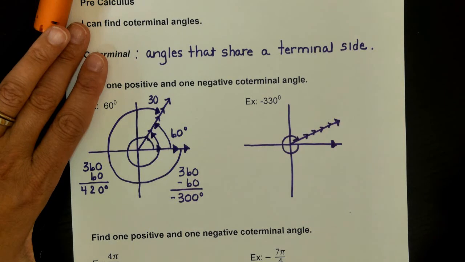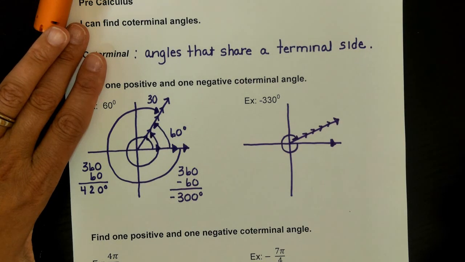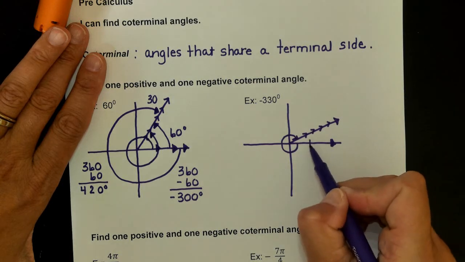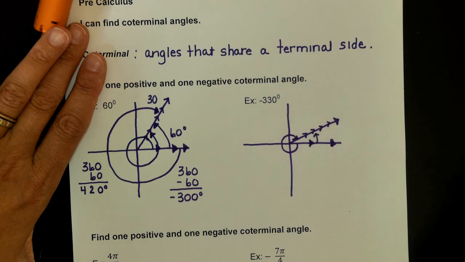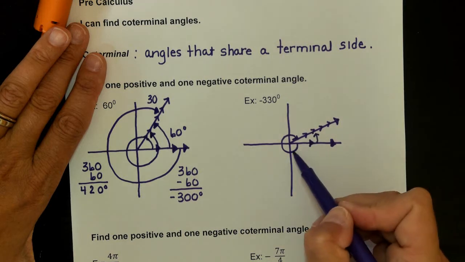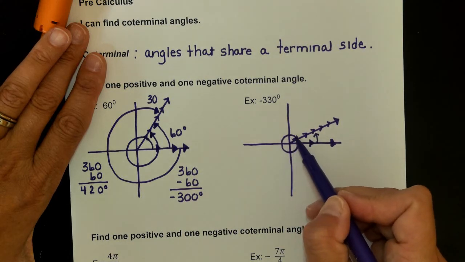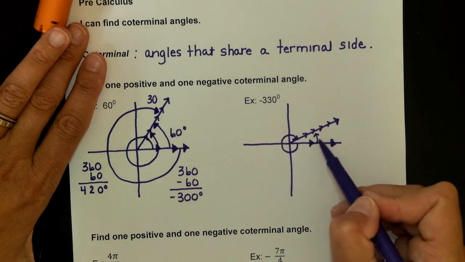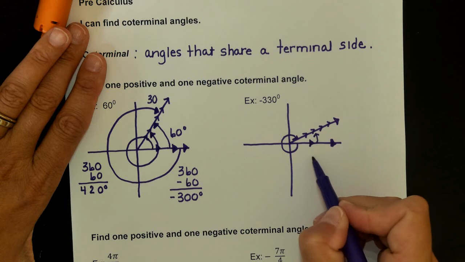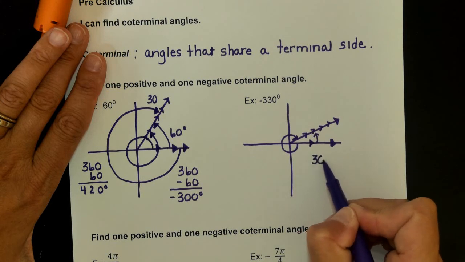So I need to find one positive angle that has that exact same ending spot. So we always start here. And if it's positive, we're going to go up. This was negative 330, and I needed a little bit more to get a full circle. Well, that's the little bit more. So that is 30 degrees.